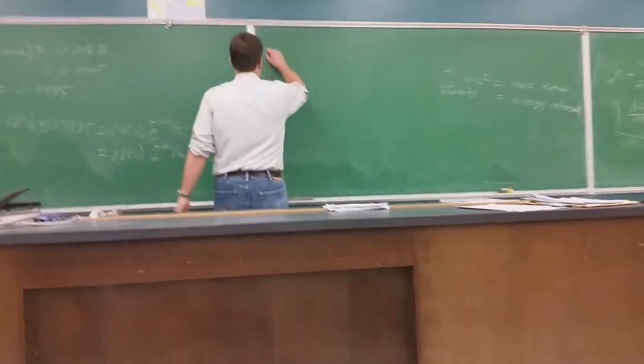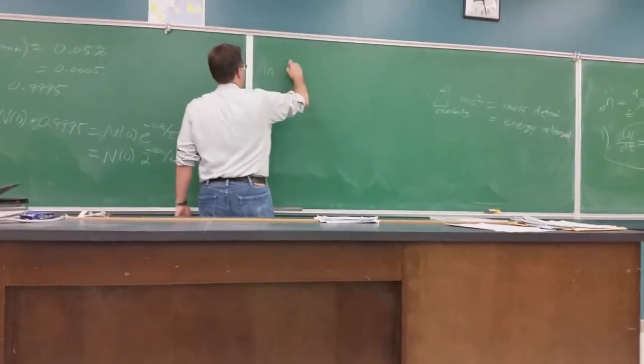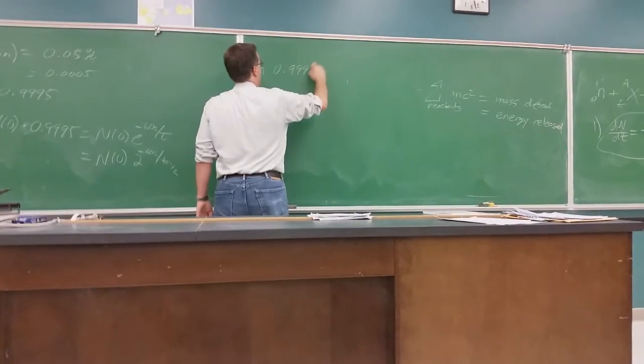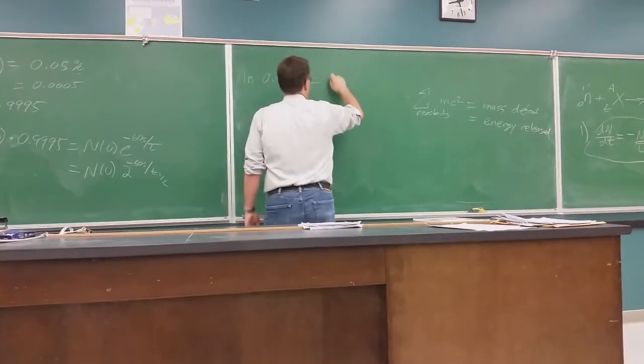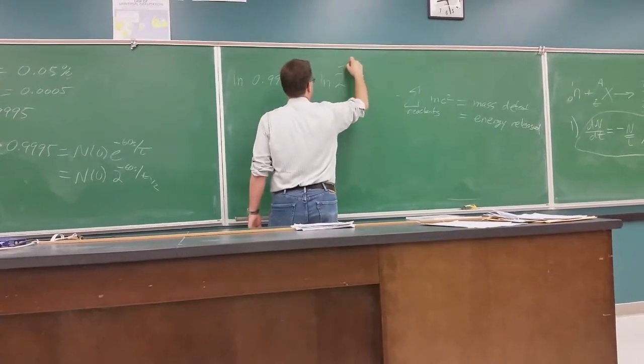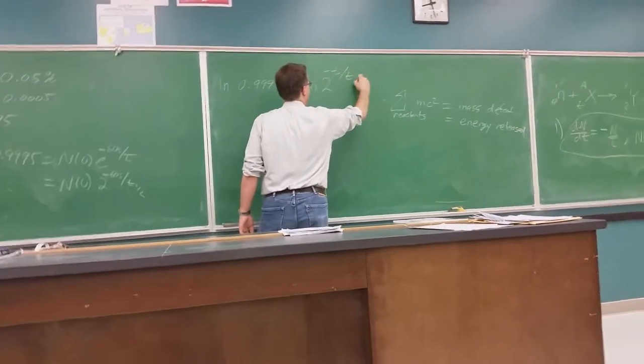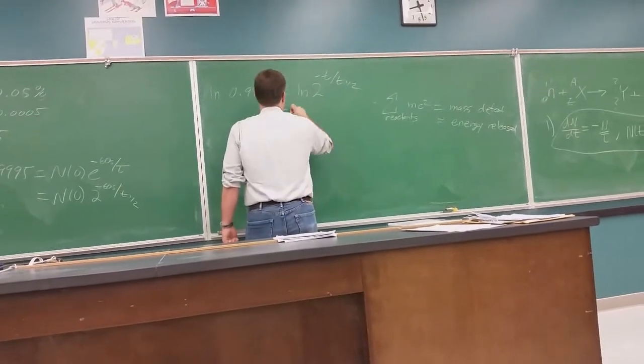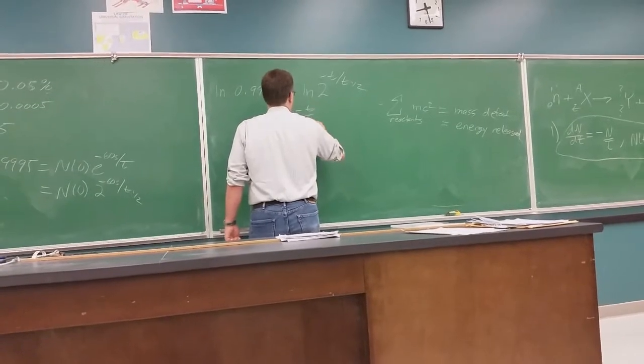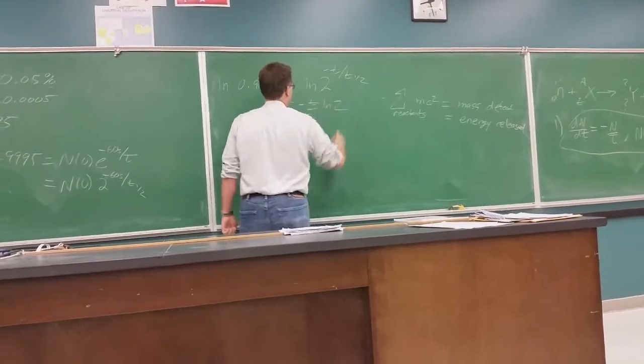So I could say that ln of 0.9995 is equal to ln of 2 to the minus t over the half-life, which is equal to minus t over the half-life times ln 2.